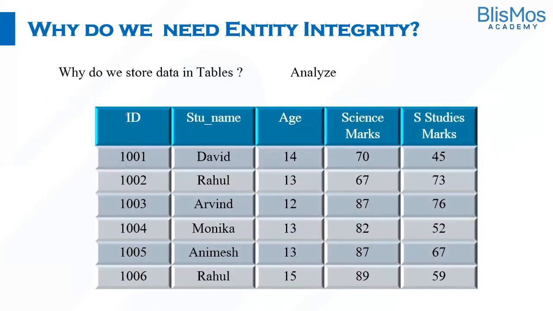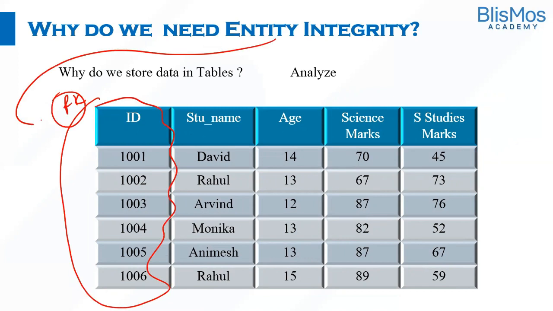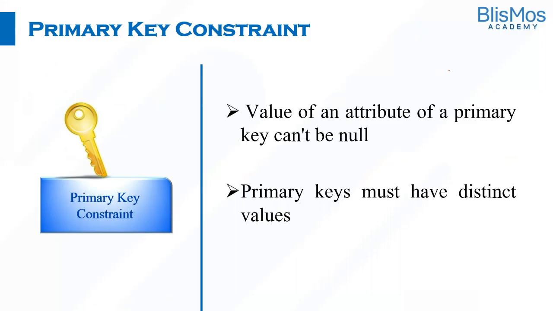So for the same table, we will introduce a primary key, which is enforced by entity integrity, and that takes care of the uniqueness of each record and we would be able to analyze the data properly. So entity integrity is enforced by a primary key constraint.